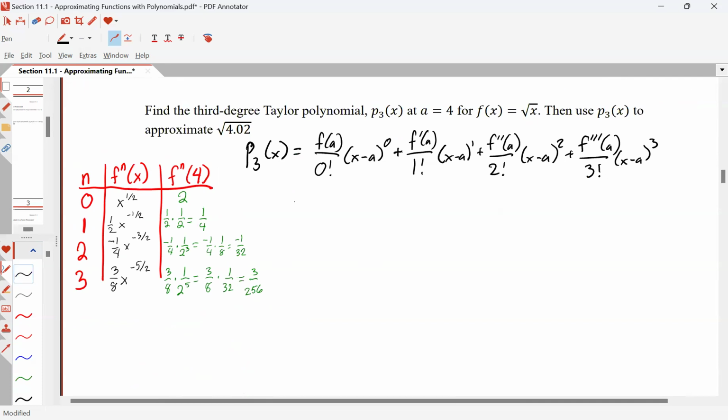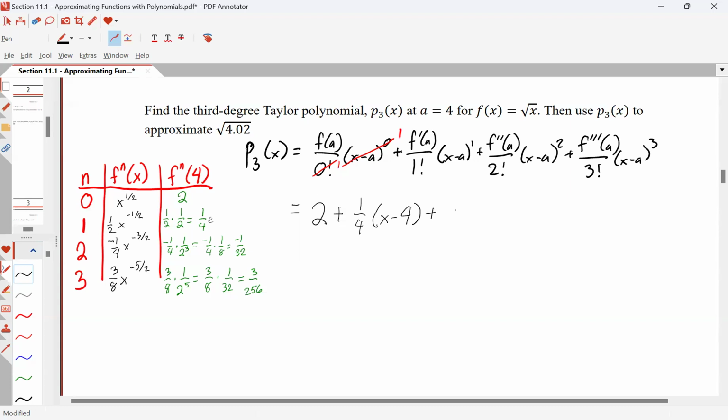So there are the derivatives that we're going to plug into our approximating Taylor polynomial. So plugging these in, f of a is 2 over 0 factorial, which is 1, as has been stated. x minus a to the 0 is also 1. Plus f prime of a is 1/4. 1 factorial is 1. And then x minus 4, since a is 4.